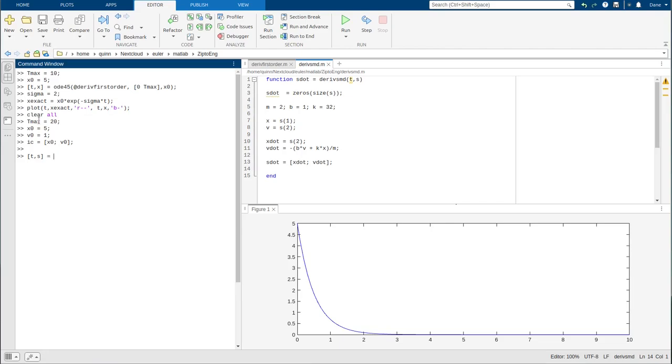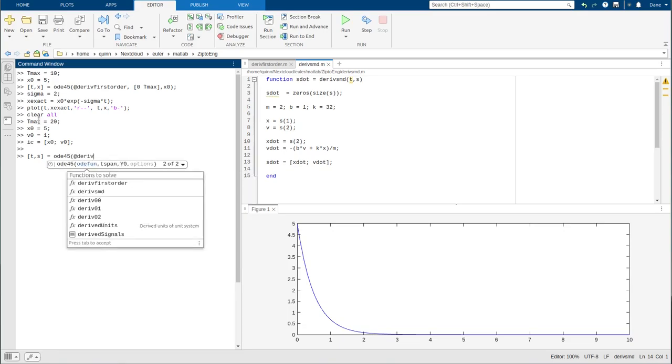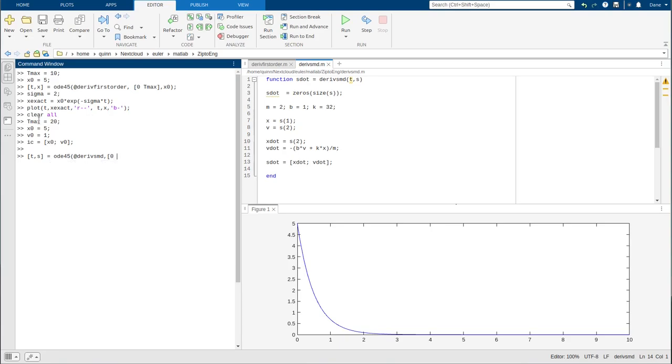T and S, so now we're going to output the states as S. ODE45, at deriv SMD, spring mass damper. Integration interval, 0 to Tmax. Initial conditions. So here we have it. Hit enter. There, we've got the solution.